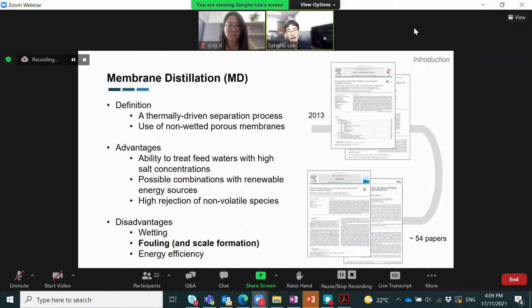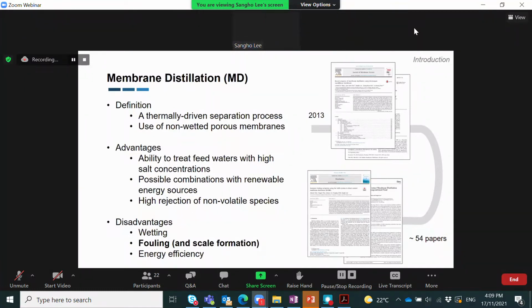In fact, I started my research on membrane distillation in 2010, and my first paper on membrane distillation was published in 2013. In the meantime, I have published more than 50 papers on membrane distillation. So in my presentation today, I'll show some snapshots of my previous work on this topic.